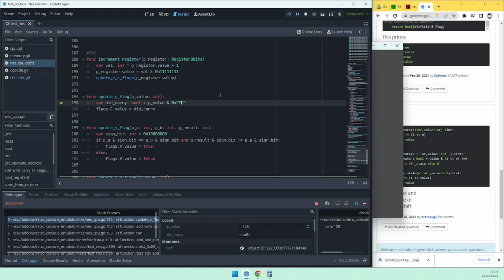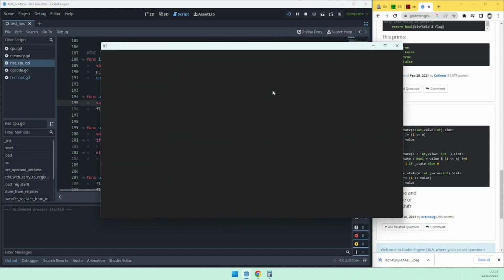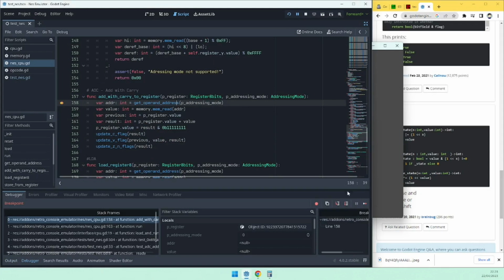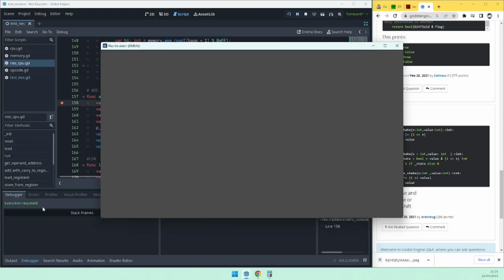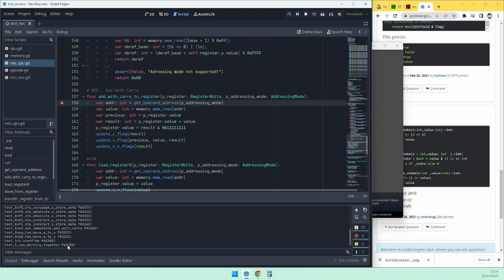Did carry? Yes, this is 00 FF00. I want to check if something in the second half of the 16 bits is used. Okay, seems like it passed. Cool.